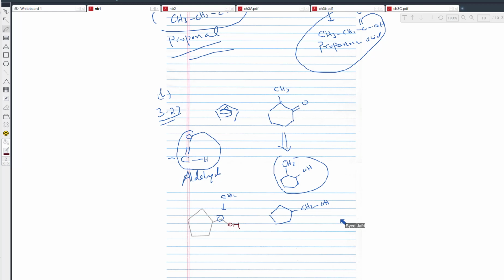But ketones do not go to carboxylic acid. Primary alcohols go to aldehyde and then to carboxylic acid, so you need a primary alcohol there. If it is secondary, it's going to stop at ketone. You will not get carboxylic acid.